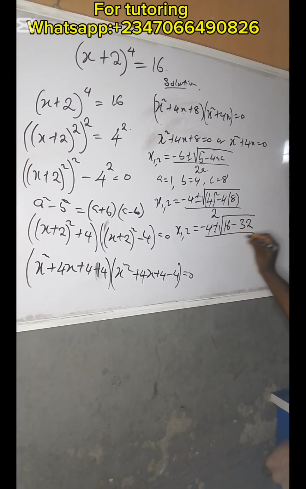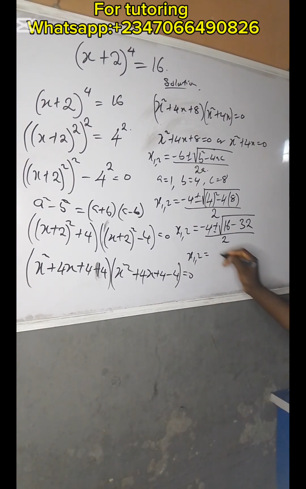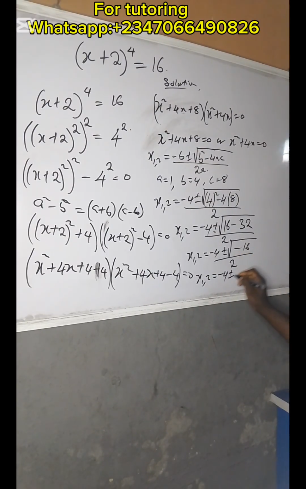So x1, x2 equals minus 4 plus or minus the root of 16 minus 32, which is minus 16, all over 2. Don't forget that whenever we have the root of a negative, the root of minus 16 can be written as the root of minus 1 multiplied by the root of 16.